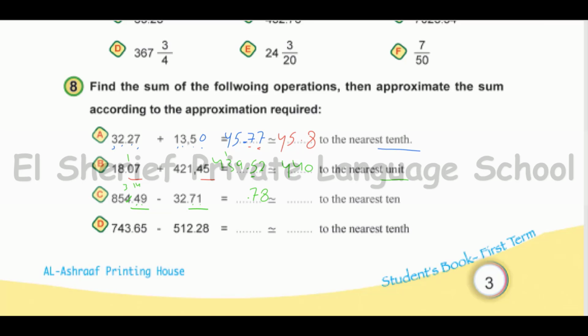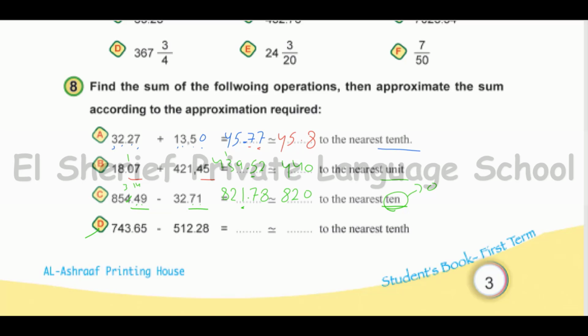Then put the decimal point after 2 digits. 3 minus 2 equals 1. 5 minus 3 equals 2. And put 8. 8 minus nothing equals 8. To the nearest 10, so we look at the unit. We have 1. 1 is less than 5, so put 2 in the 10 place as it is, 2, and complete the number. In the 10 place we must have 1 0, so put 0 on the unit. The decimal part doesn't matter.